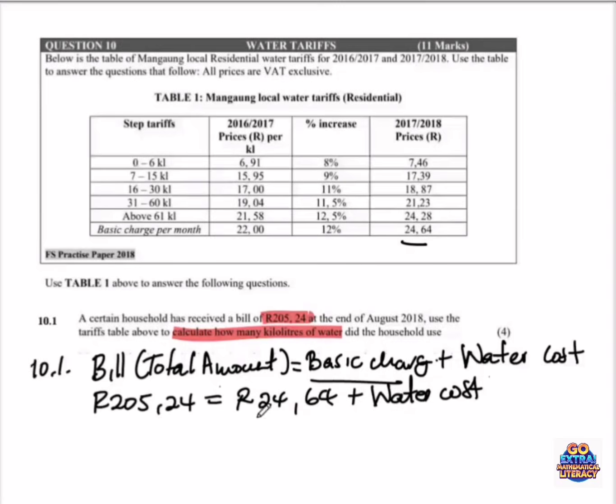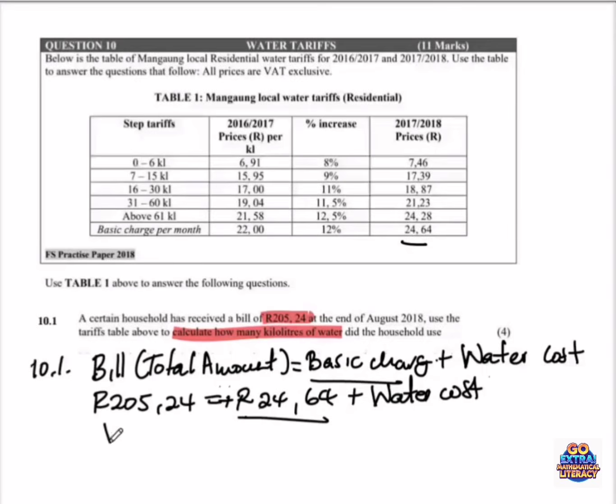Now, we're going to transpose this 24 rand 64 cents to the other side. When you transpose this number, remember it is positive, therefore once it jumps across the equals sign, it becomes negative. So it's going to be 205 rand 24 cents minus this, and this will be equal to the water tariff.